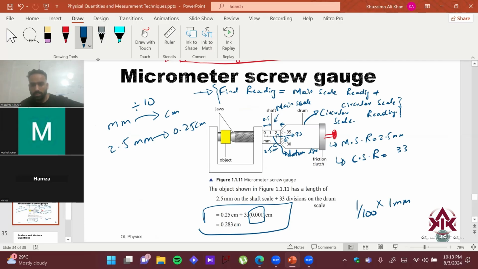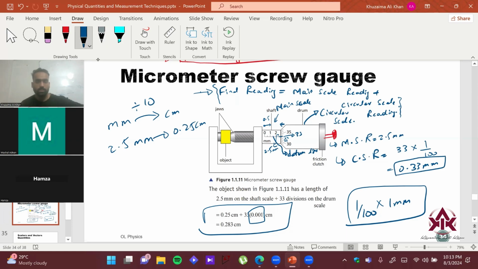The scaling is such that every value of the circular scale is 1/100th of a millimeter. So whatever reading you get will be in this form, 0.33 millimeter. This is basically the conversion method of getting the circular scale reading into millimeters.